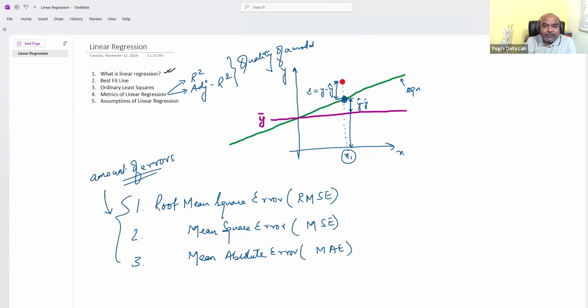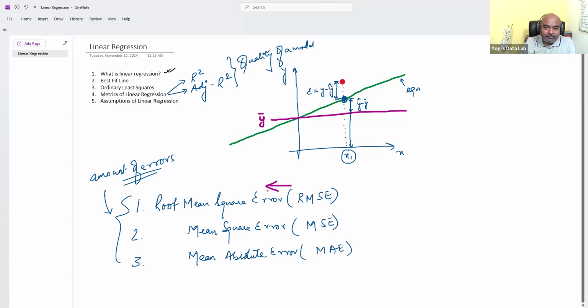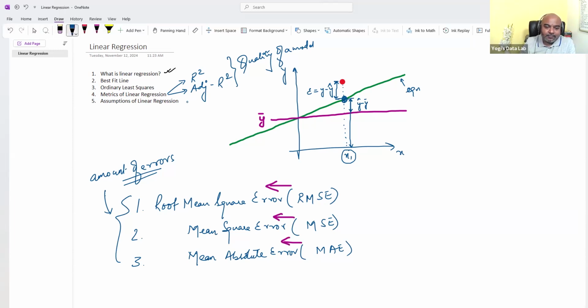Now, when I talk about root mean square error, mean square error and mean absolute error, how do we remember the formula of this, or how do we calculate it mathematically? It is pretty straightforward. Let's go right to left, for all of them. So the first term is error. What is error?